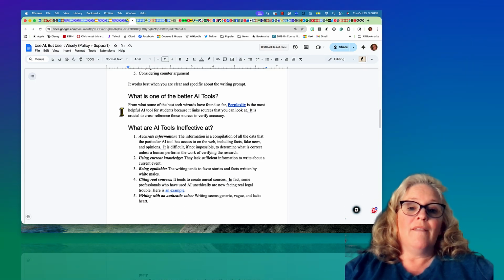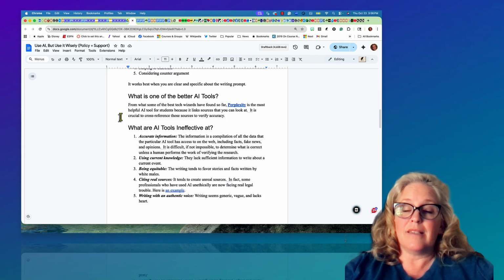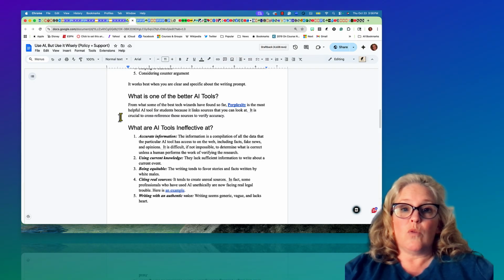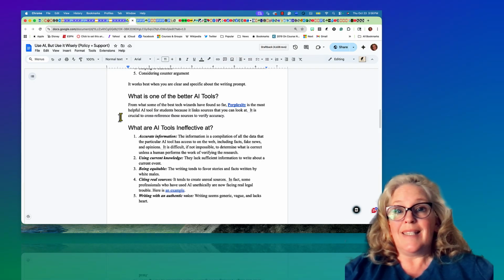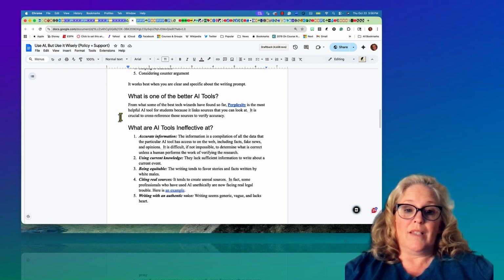One of the better AI tools that I encourage students to use, when you're allowed to use it in my class, is Perplexity, because it gives resources that you can actually see. They're linked in so that you can cross-reference what's there.